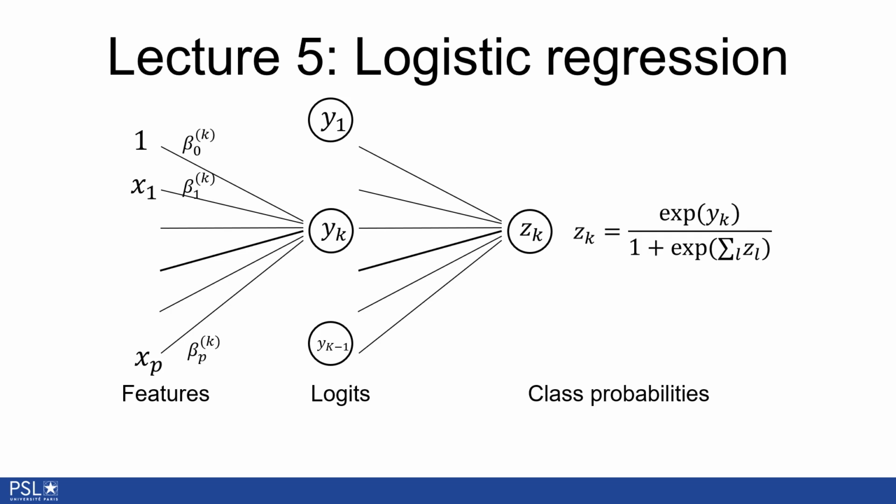So the final layers of a convolutional neural net are very similar to a neural network representation of the logistic regression, a representation of logistic regression that we covered in Lecture 5.